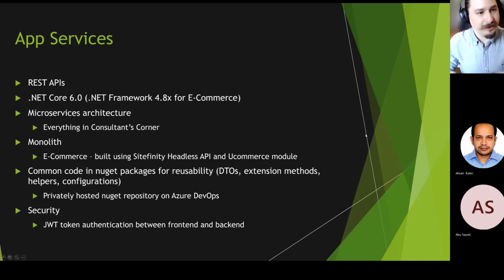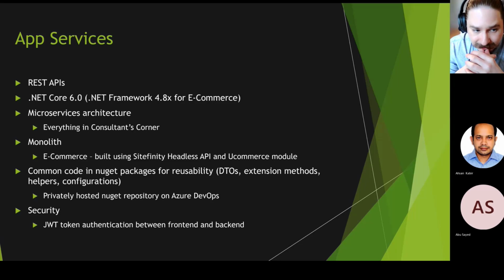So we have the app services. We have many of them, and they are REST APIs, and they are now on .NET 6, except for e-commerce, which is .NET Framework 4.8.